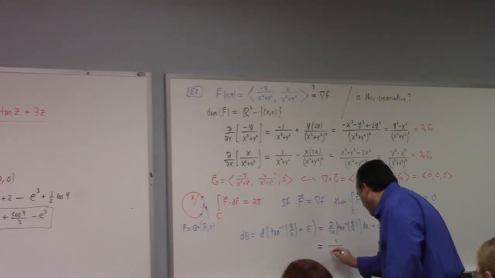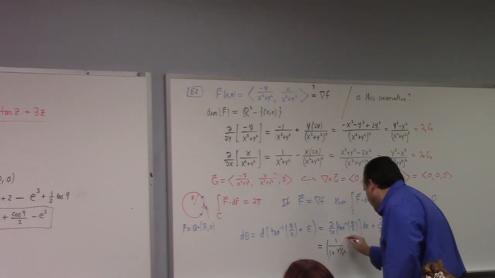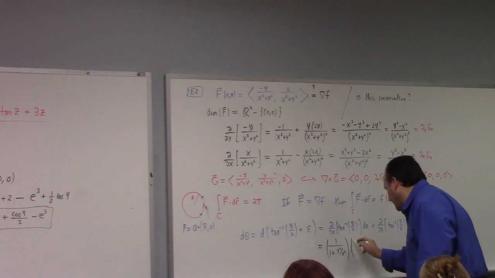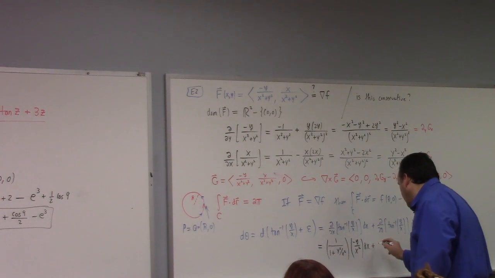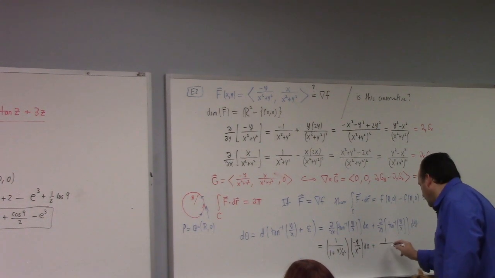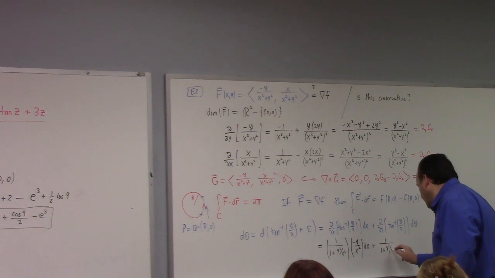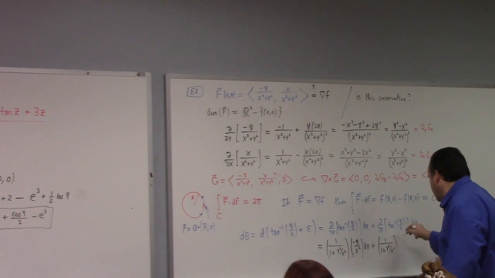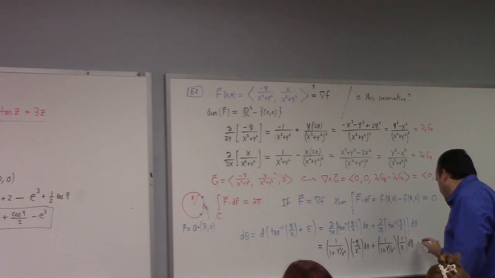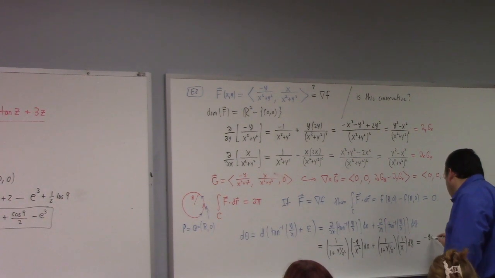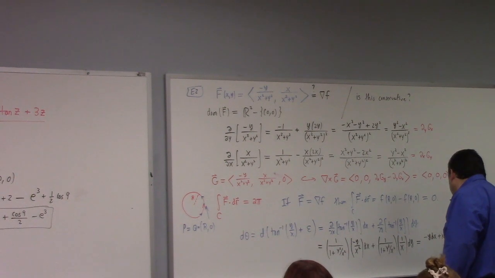It's 1 over 1 plus y squared over x squared, times the derivative of y over x, which is, by the way, minus y over x squared here, plus 1 over 1 plus y squared over x squared, times the derivative of the inside function y over x, with respect to y this time, which just gives us 1 over x dy. But look at that. That's exactly minus y dx plus x dy over x squared plus y squared.